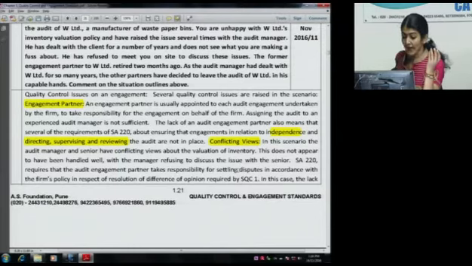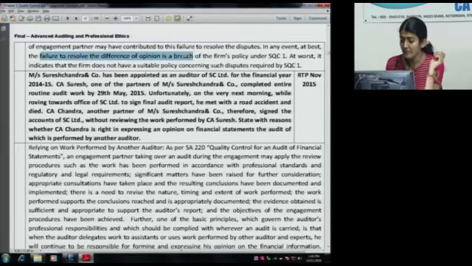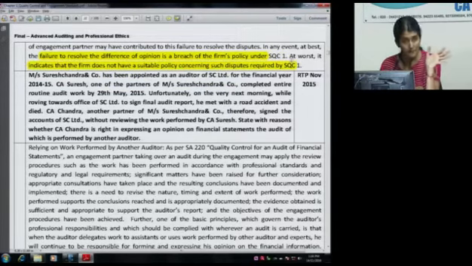In this case, the lack of an engagement partner may have contributed to the failure to resolve the disputes. In any event, at best, the failure to resolve the differences of opinion is a breach of the firm's policy. At worst, it indicates that the firm does not have a suitable policy concerning such disputes required by SQC1. So one, there is no engagement partner. Second, there is no policy for resolving differences of opinion. And third, there has been no adequate DSR, direction, supervision and review.